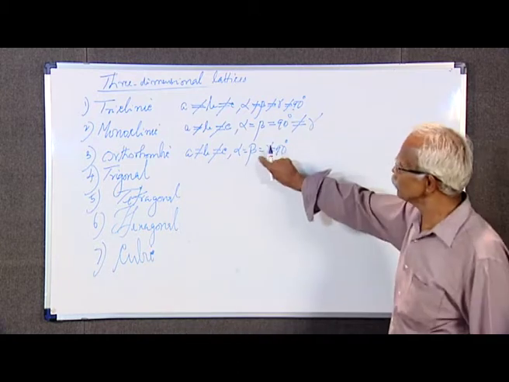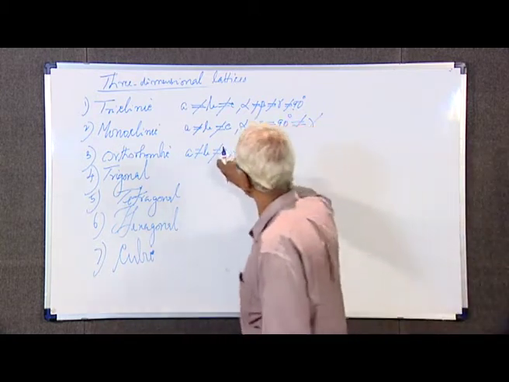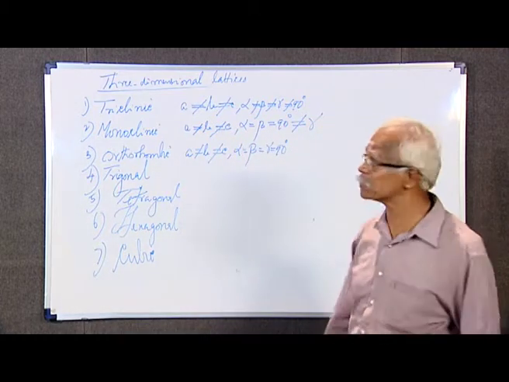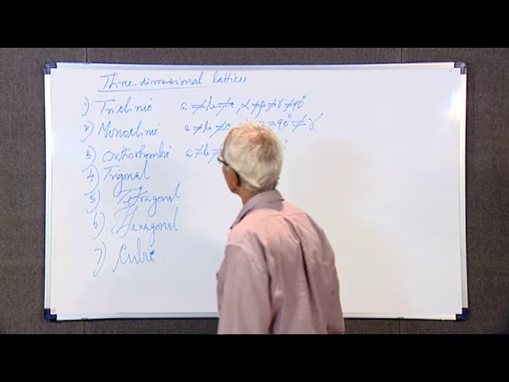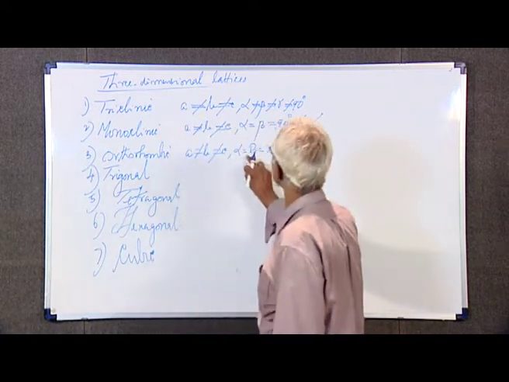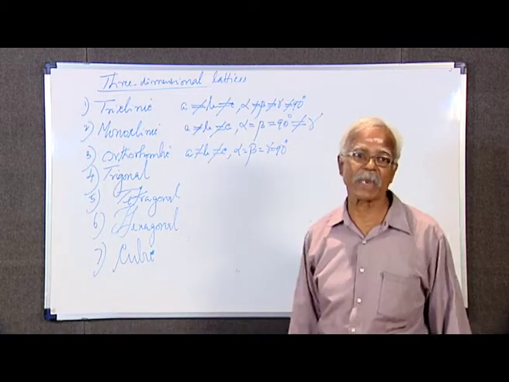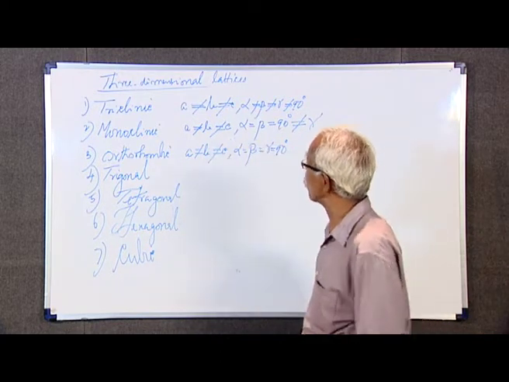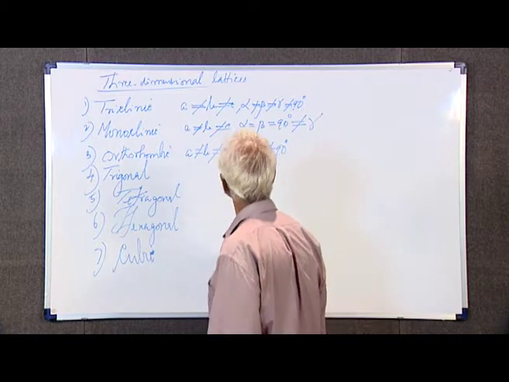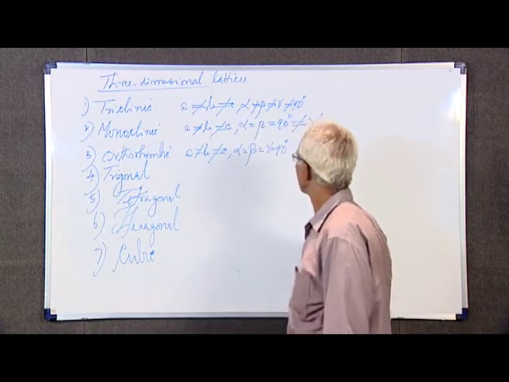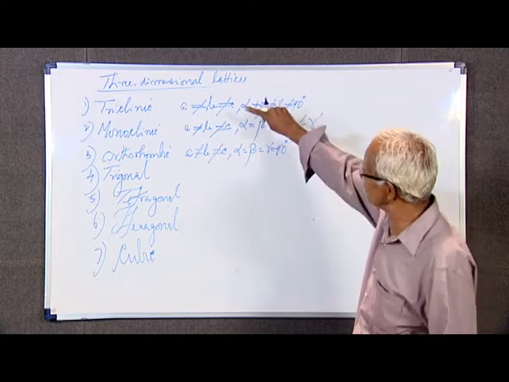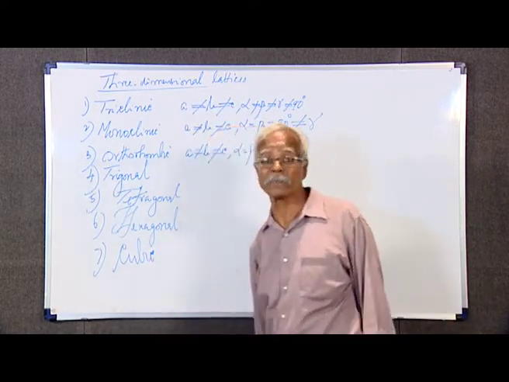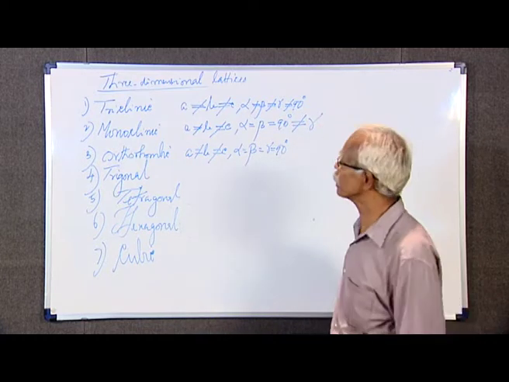In fact, you are quite comfortable here, because this is the rectangular lattice in 2 dimensions reborn in a more sophisticated manner. A different from B, alpha equal to 90 degrees, that is the rectangular lattice which you have seen in 2 dimensions. Now, in 3 dimensions you have A different from B, different from C, alpha equal to beta equal to gamma equal to 90 degrees. So, you will see that triclinic is the oblique lattice reborn and orthorhombic is the rectangular lattice reborn.